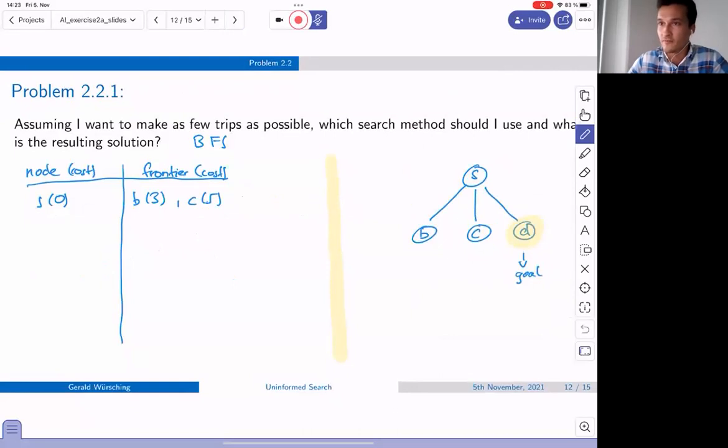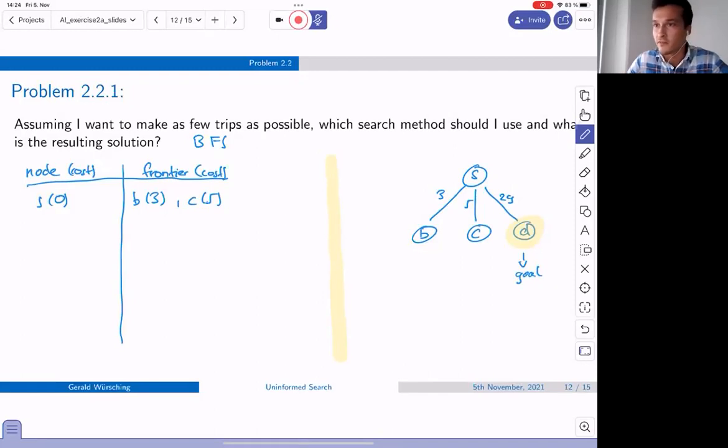If you remember correctly, so wait, I'll just add the costs here still quickly. In BFS, our algorithm terminates as soon as we find the first goal node. So as soon as we find that the child of S is a goal node, we terminate and we don't add it to the frontier anymore.